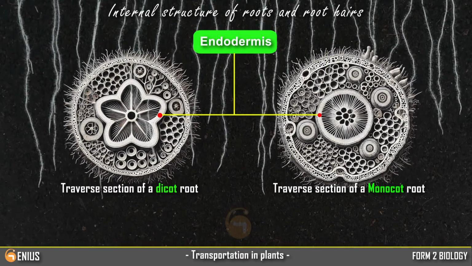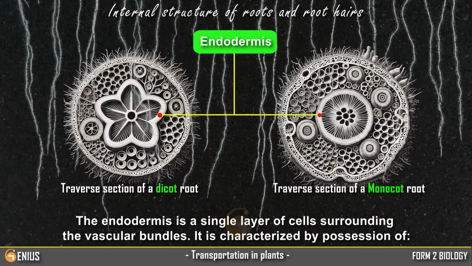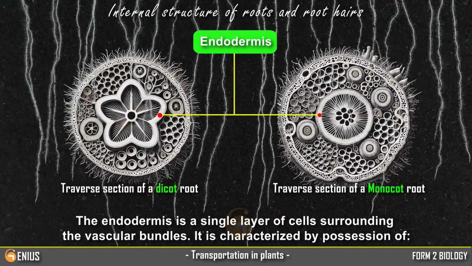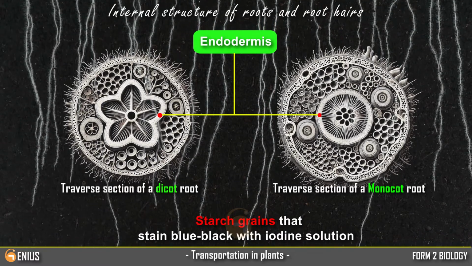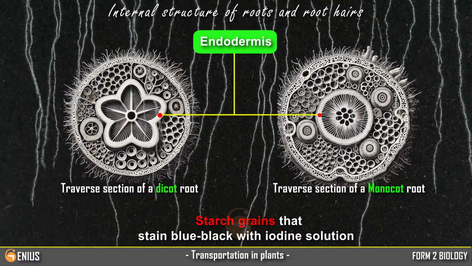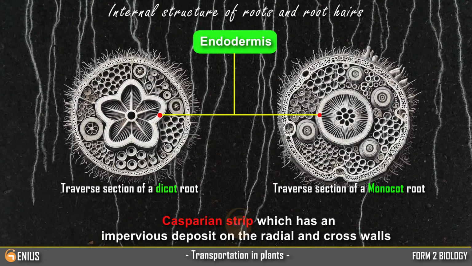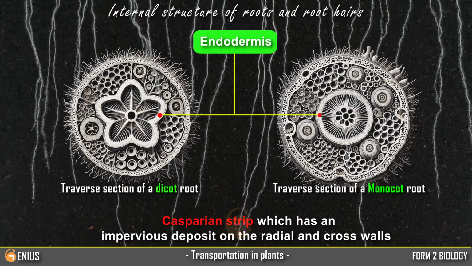Endodermis. The endodermis is a single layer of cells surrounding the vascular bundles. It is characterized by the possession of starch grains that stain blue-black with iodine solution, and Casparian strip which has an impervious deposit on the radial and cross walls.